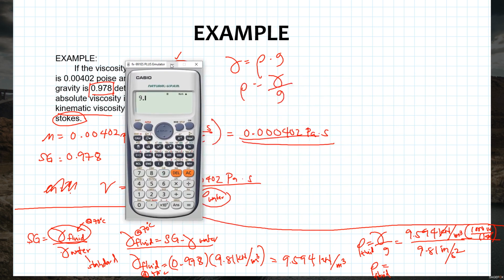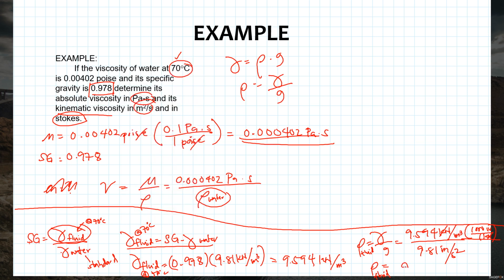Okay. So 9.594, multiplied by 1000, divided by 9.81, 977.981 kilograms per cubic meter. We will substitute that here.